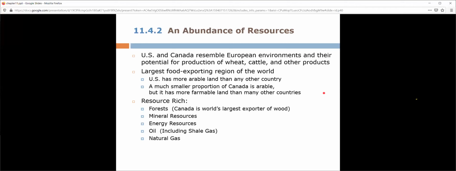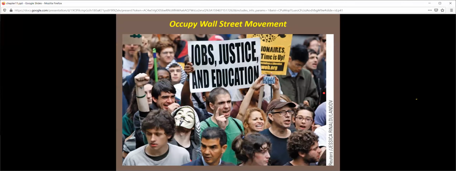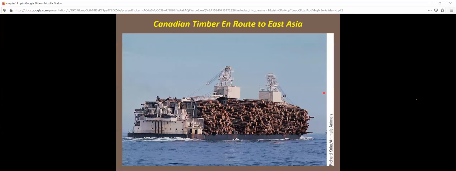On top of food production, you've got your forests, your minerals, your energy, your oil, your natural gas reserves. Canada's the world's largest exporter of wood, with big forests in the region. America is a very large player in the natural gas and oil game, lots of mines, lots and lots of money here for lots and lots of different reasons, right?